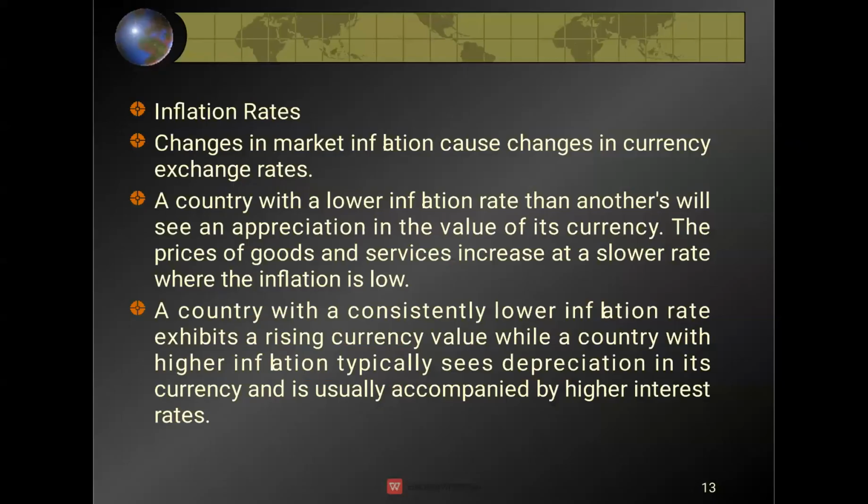One of the factors that can affect the exchange rate: we start with inflation. Now, changes in market inflation cause changes in the currency exchange rate, right? So if a country has a lower inflation rate than another country, you will find that the country with the lower inflation rate will see an appreciation in the value of its currency. The prices of goods and services will increase at a slower rate where inflation is low.